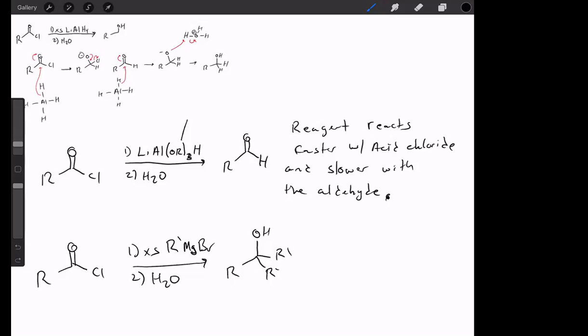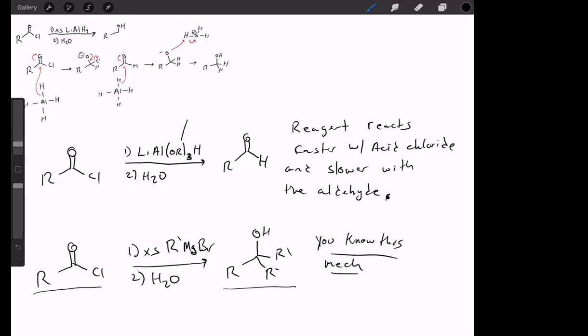Cool. All right, so I think you know that with a carboxylic acid, Grignard reacts twice. You know this mechanism, all the way back from the beginning of the semester. It's the exact same mechanism with an acid chloride. Nothing has changed here.